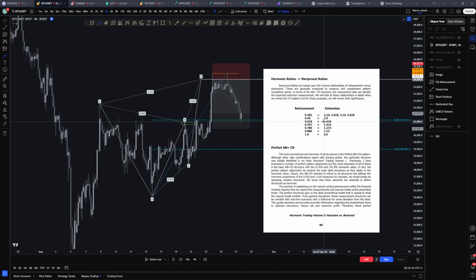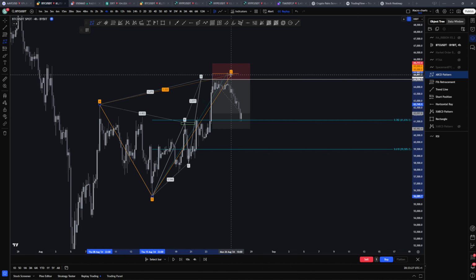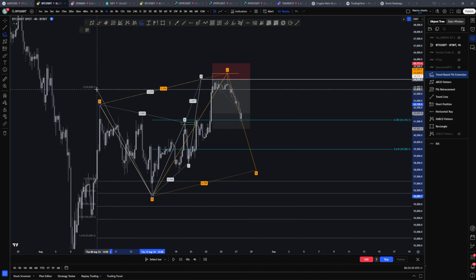These work both ways. You can do it in both ways. So in this case, we start with a 1272. So my ABCD is going to end at a 0.786, so somewhere along those lines. Let me draw it out. I'm going to do the same thing again.